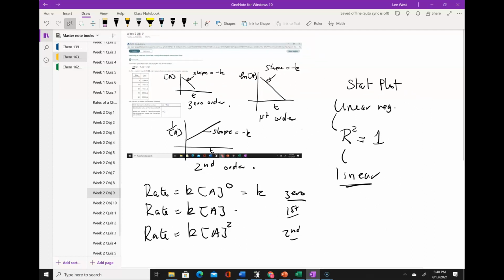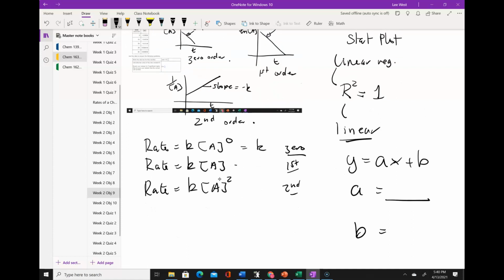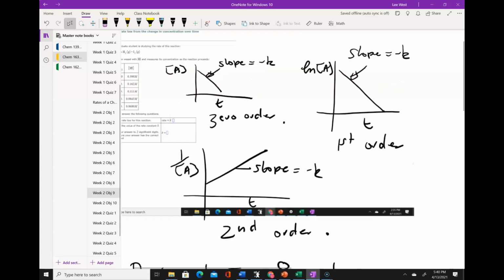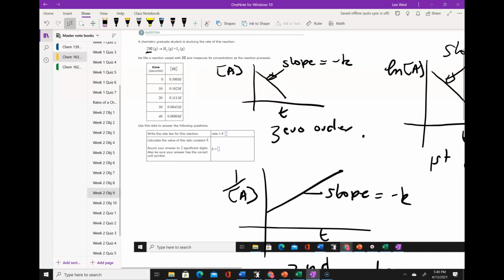Now, the nice thing about linear regression is it also gives you your slope and intercept. And I'll show you how to do this in a moment. So the linear regression will give you the r squared, which will tell you if it's linear or not. And it'll also give you your slope, which we want, and your intercept. So this seems like a frighteningly large amount of work to begin with, but it's not too bad. I'll show you how to set it up now.